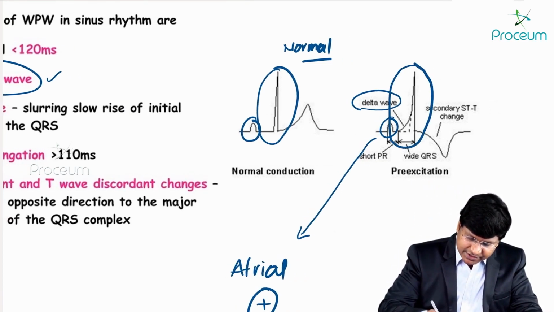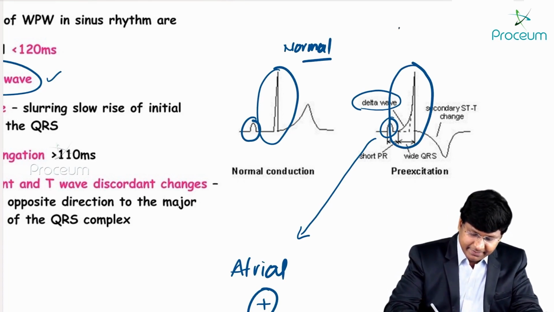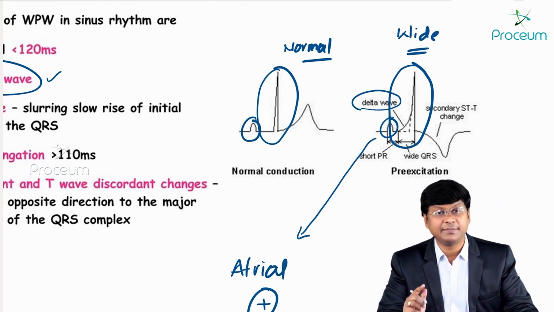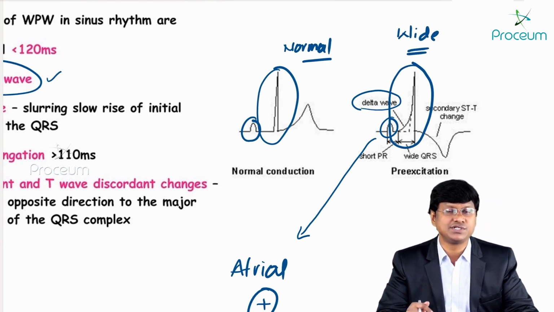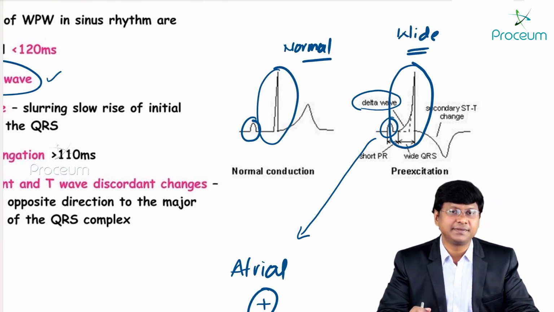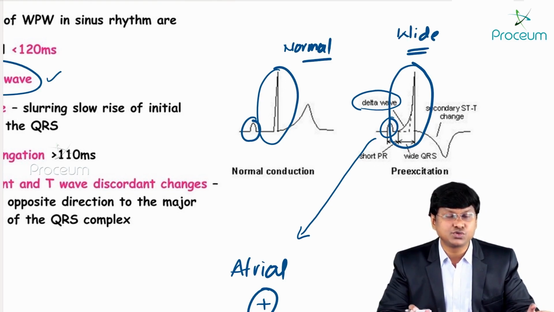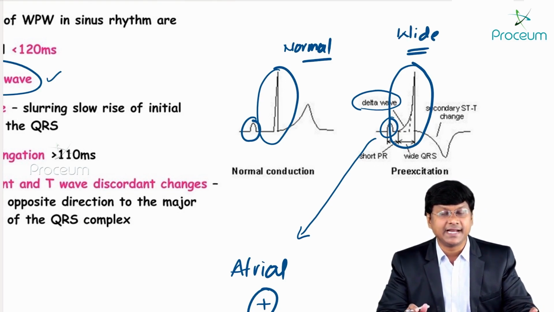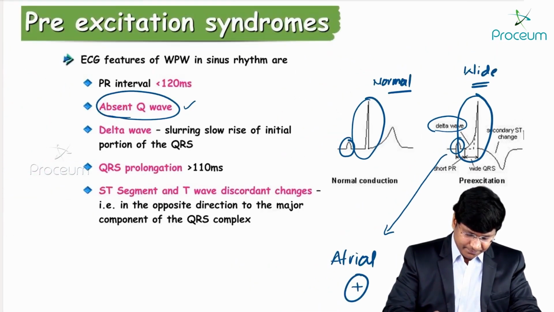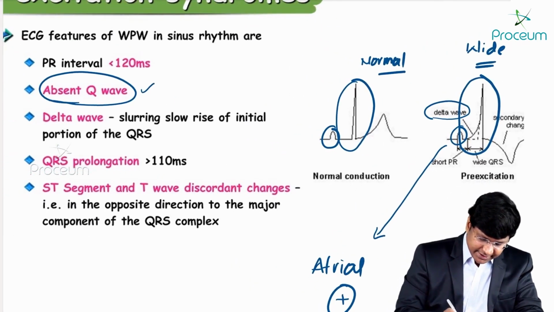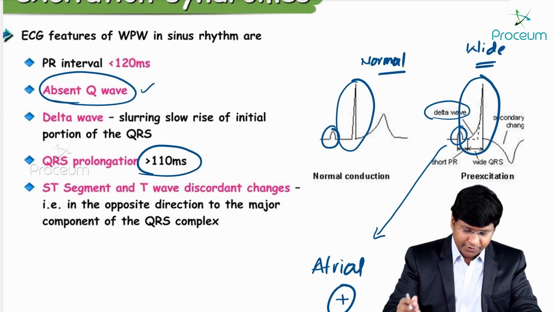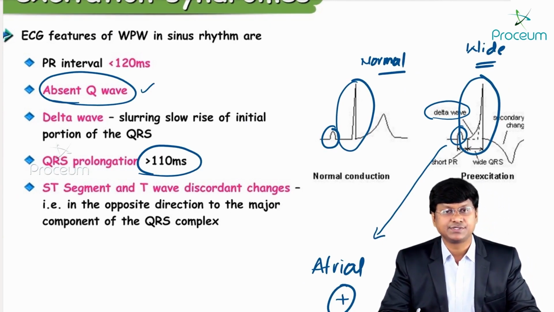The QRS complex in these individuals will be wide. Why? Because the velocity of conduction of the impulse passing through the ventricle is very slow. Thereby, there will be slow ventricular depolarization and you will have a wide QRS complex. So there will be QRS prolongation of more than 110 milliseconds.